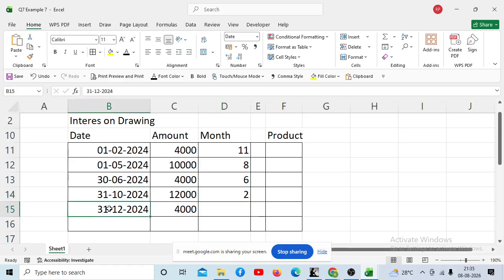And here it is 31st December, means it is not to be counted, 0, right? Okay, come on now, find out the product. No, because he has withdrawn on the last date, no? Interest will be paid, but it will be paid in the next month.